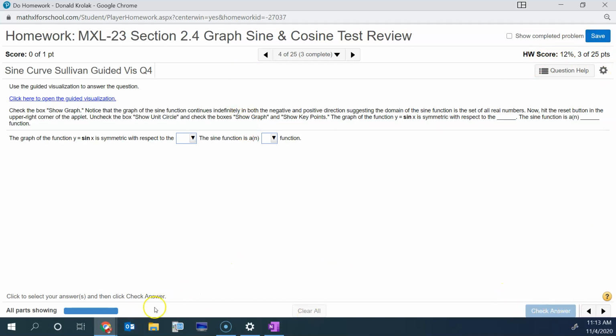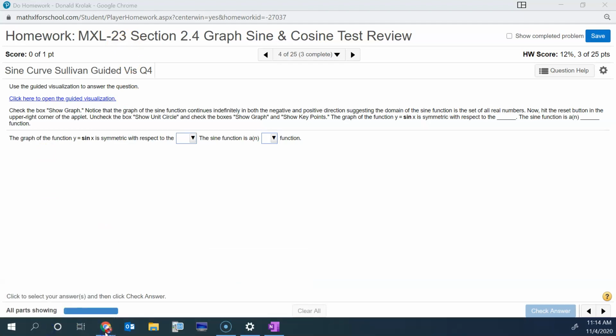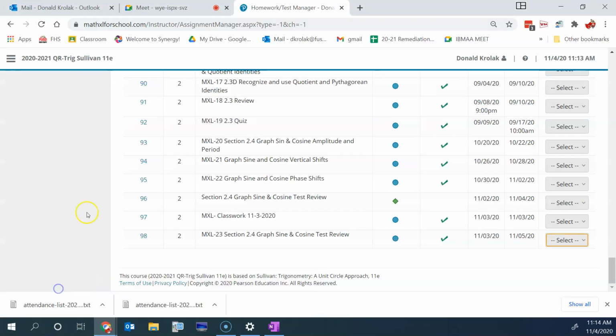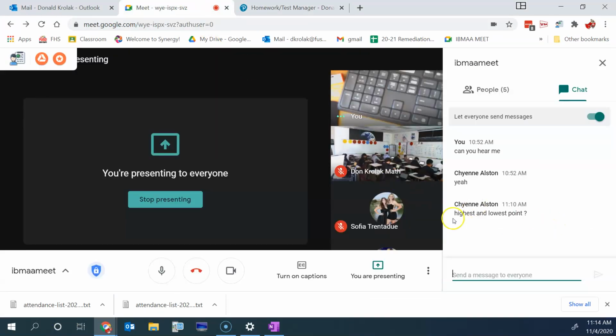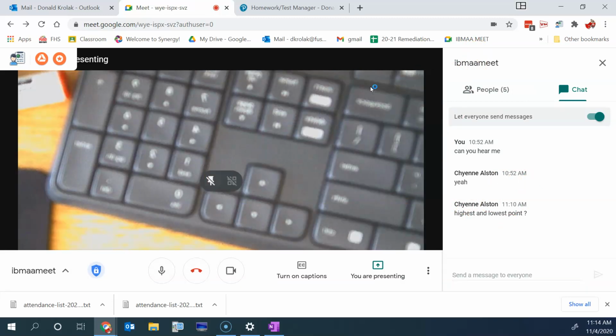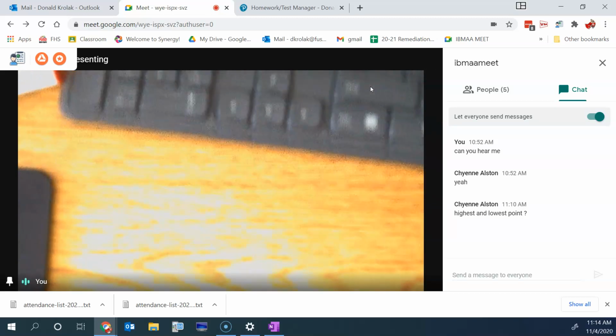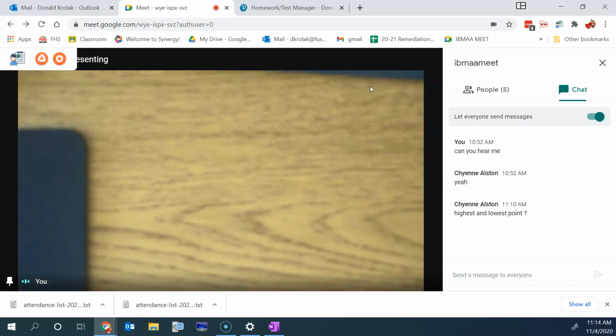Right, so probably the easiest way for me to show this to you is with a drawing. Okay, so you're going to look at the graph that you make, and I'm going to show you a drawing. Click on this. Right now, you folks at home can see my keyboard.